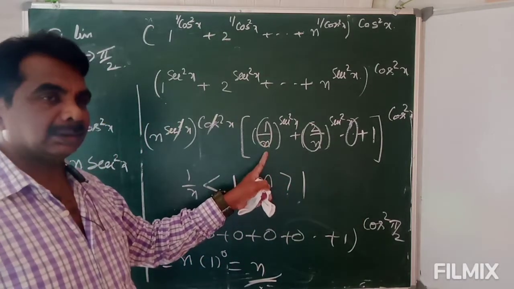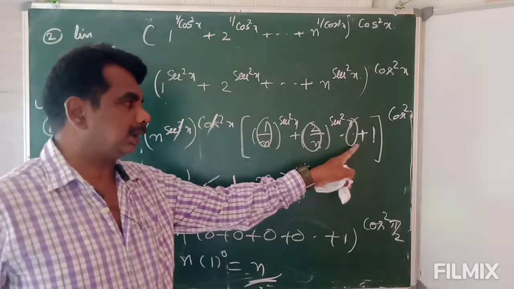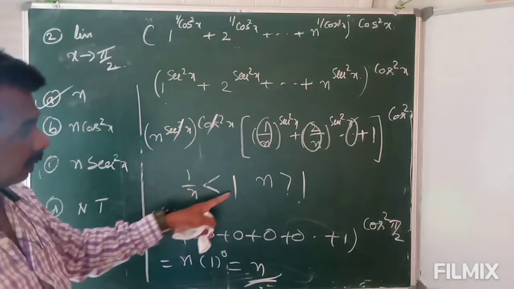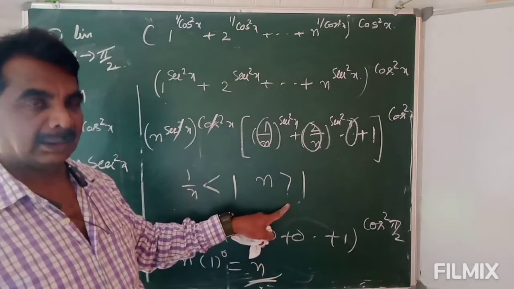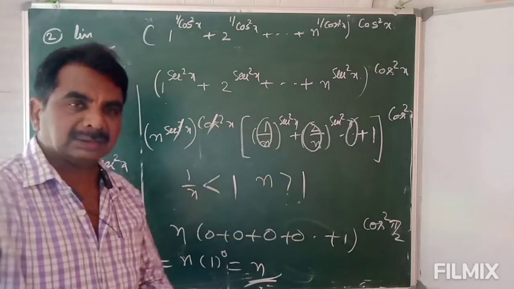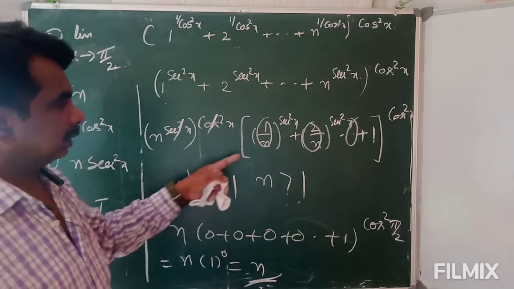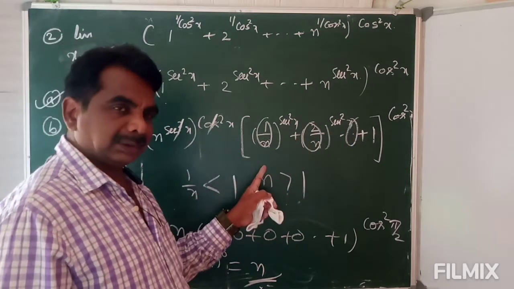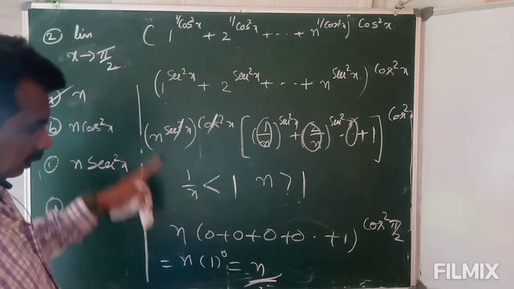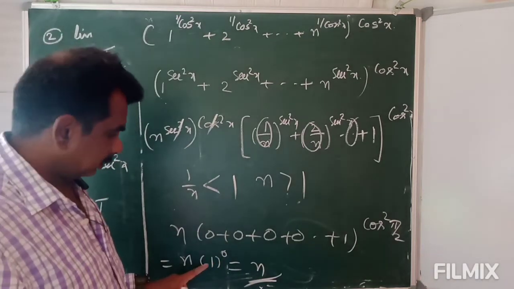1 by n whole power secant square plus 2 by n whole power secant square up to so on plus 1. Because n is greater than 1, 1 by n is less than 1, all become nearer to 0, not equal to 0. Then the whole thing becomes 0, then the limit extends to pi by 2, and the whole thing's power 0 is 1.